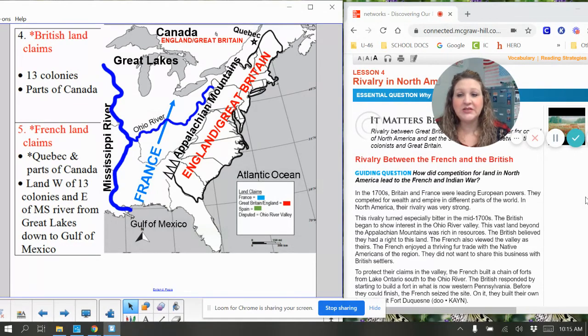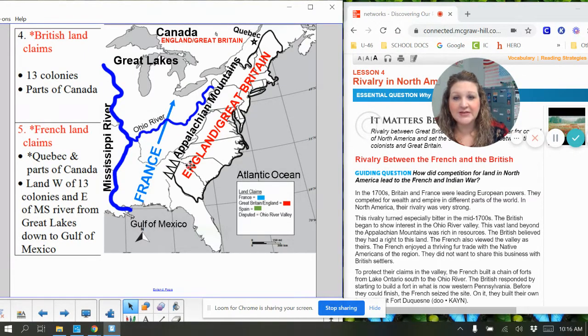So it has to be described in the way that it's written there, that it's west of the Appalachian Mountains, it's east of the Mississippi River, it's from the Great Lakes in the north to the Gulf of Mexico in the south.